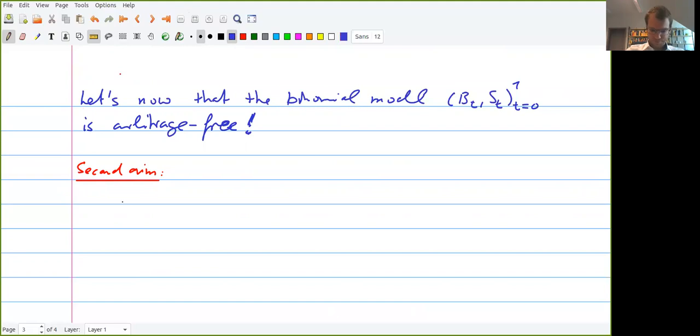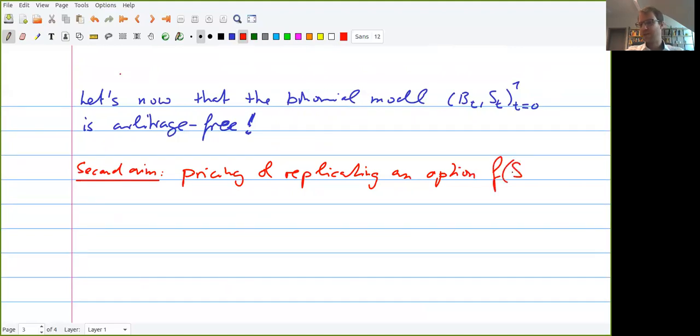This is pricing, and replicating an option.